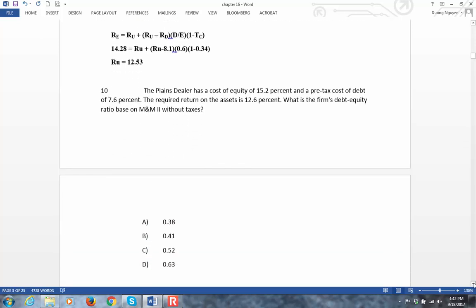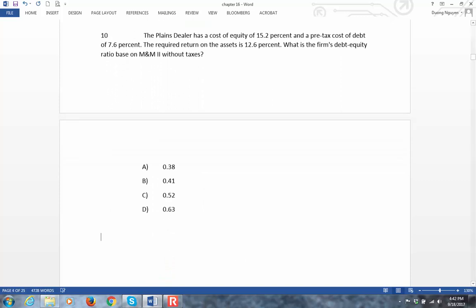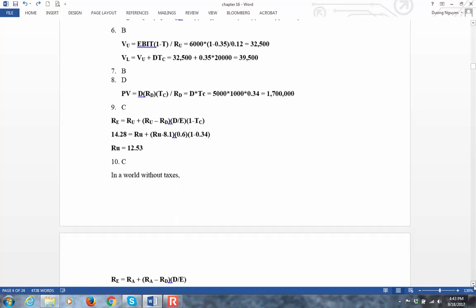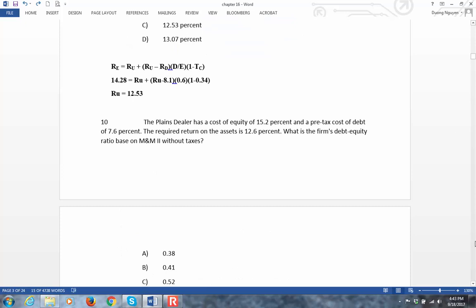Number 10. Pretty much the same formula we have been using.